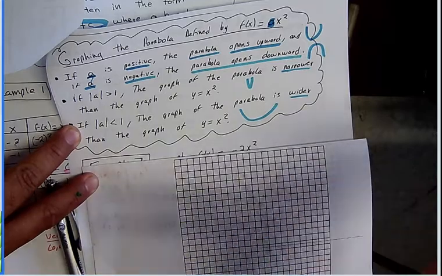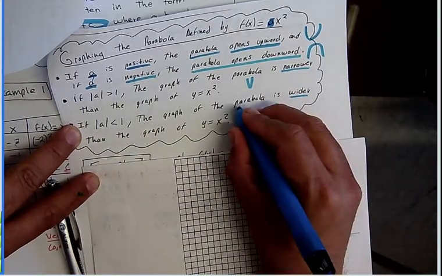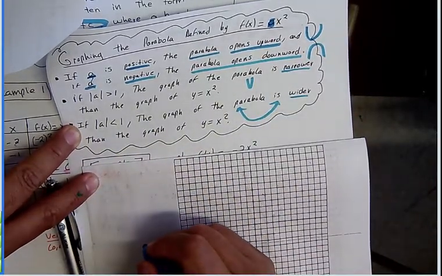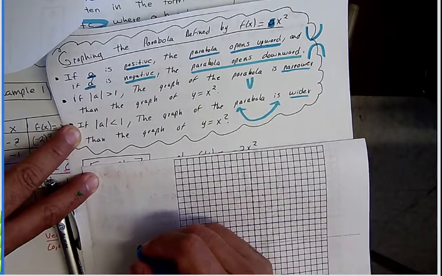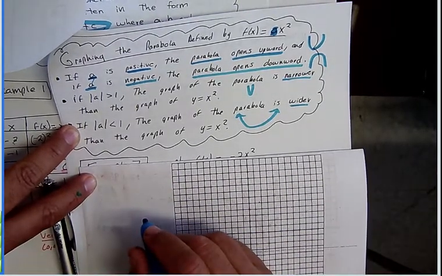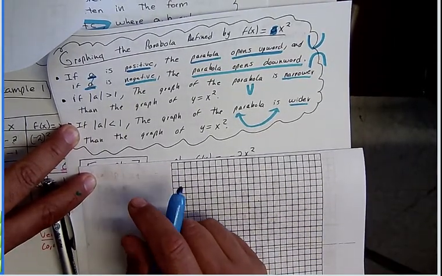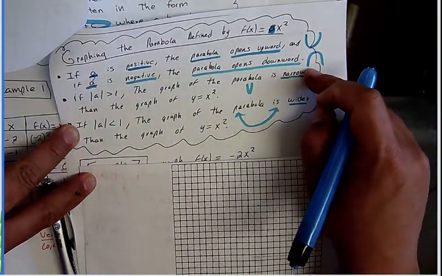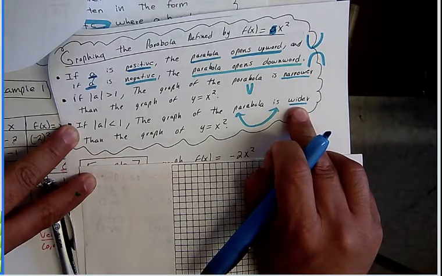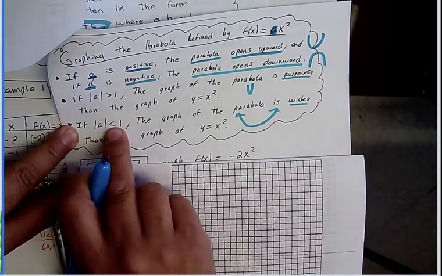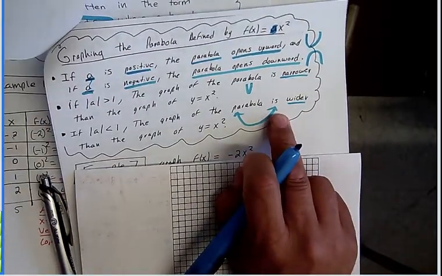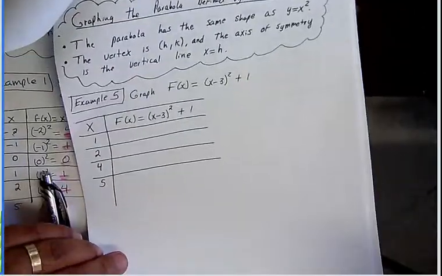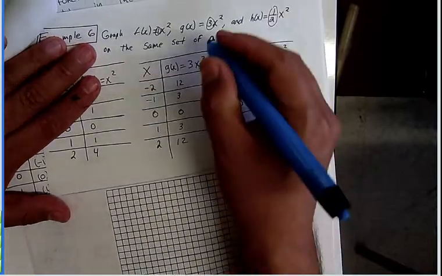Fatter, wider, I don't know how to say that. There's more technical words, like the vertical stretch, but I'm not going to go over that. Just remember narrower and wider. If the a is less than 1, it's wider.